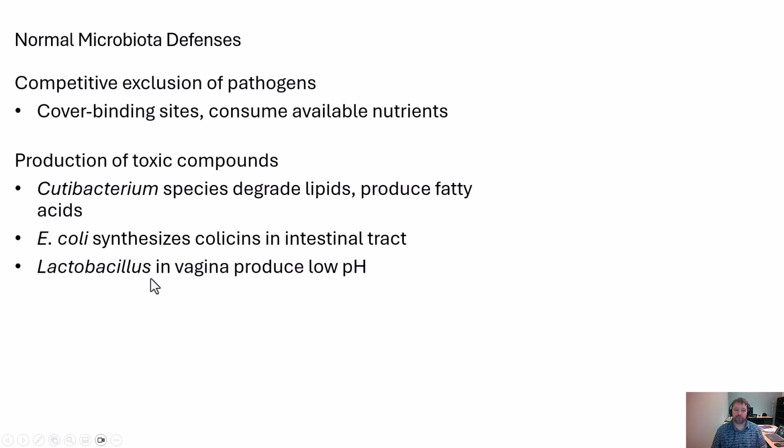Lactobacillus is a bacteria group that we often think is associated with the vagina, but it's also associated with your skin and your mouth. And it produces an environment that lowers the pH, so it actually increases the acidity in a given region.